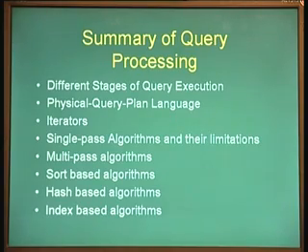And these algorithms could be either single pass algorithms, which can be used if the relations are small enough or if the query is a tuple at a time query, or multi-pass algorithms, which can be used if the relations are big. Among multi-pass algorithms, or rather in 2-pass algorithms, we looked at sort based strategies for performing several of these operations, and hash based strategies for performing several of these operations.